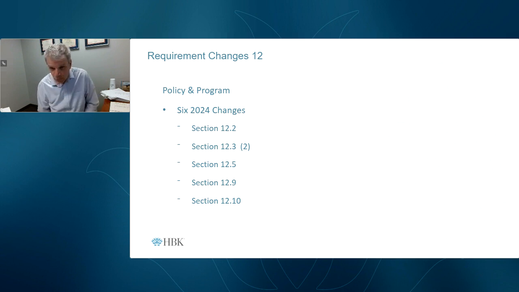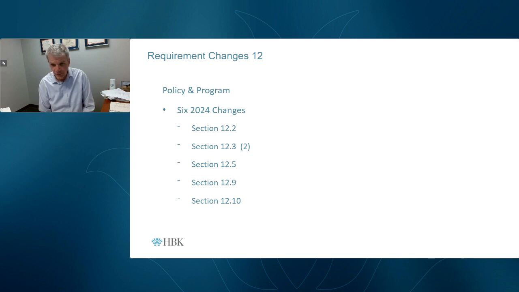So 12.2 deals with acceptable use. 12.3, there are 2 of them. It removes the full previous risk assessment because they've split it up into smaller pieces, peppered through the 12 requirements. And the second one, 12.3, talks about the customized approach.